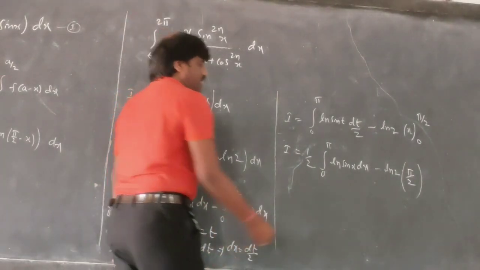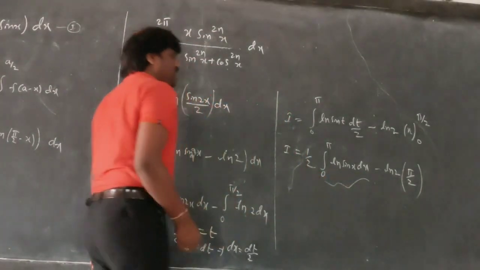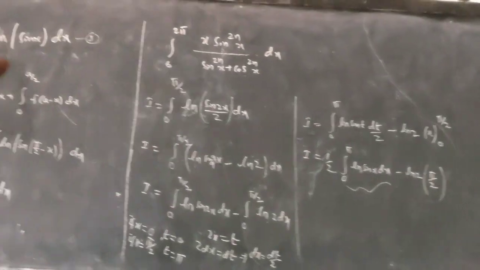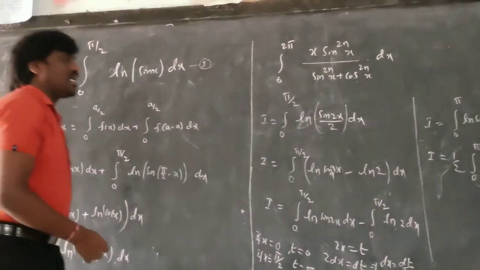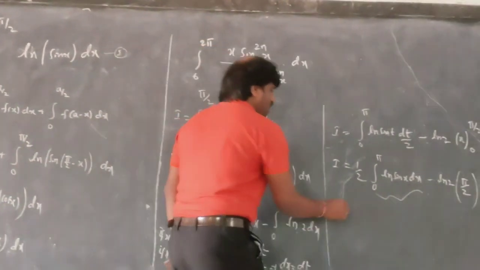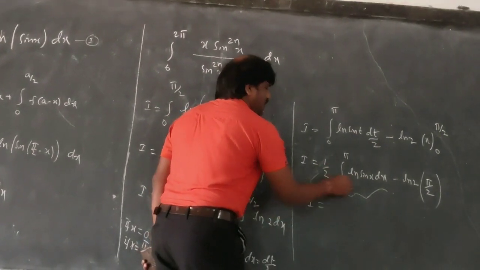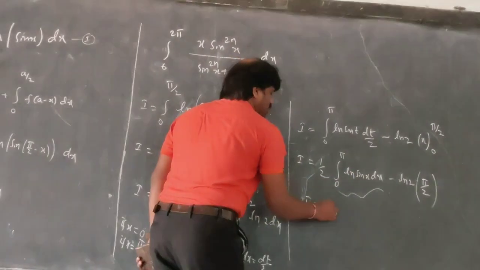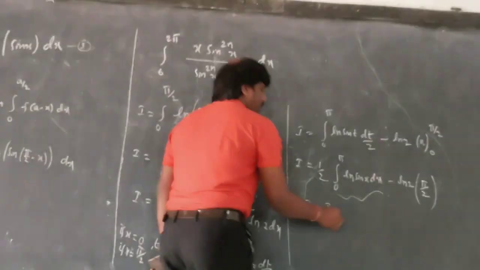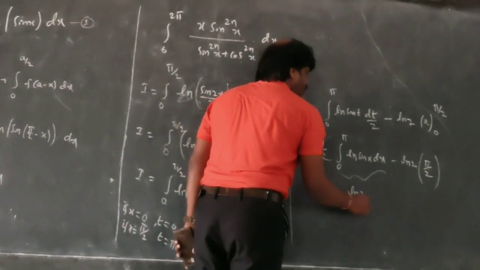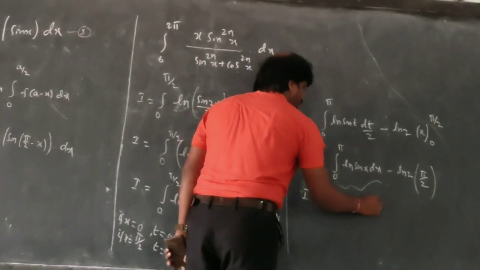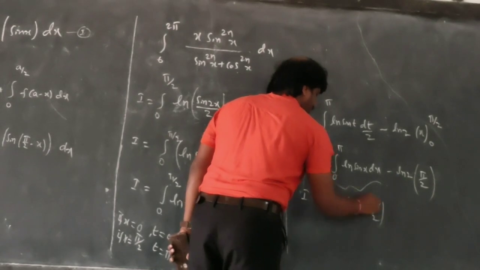Now this part is the question again. You can see that the question is again there, so I can write I. So I is equal to 1 by 2 into I, that is I by 2, minus ln 2, and pi by 2 is multiplying.